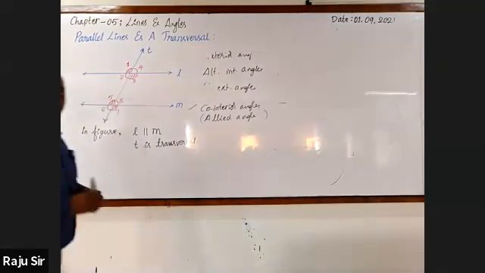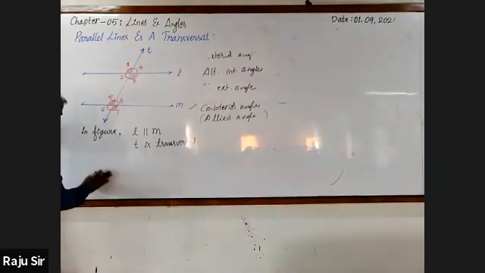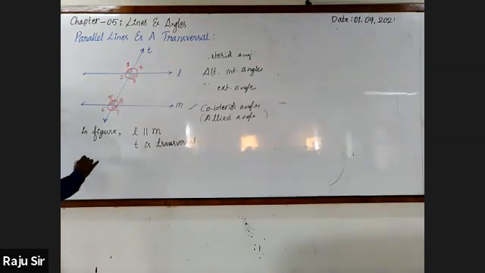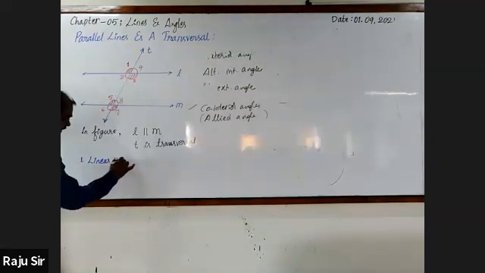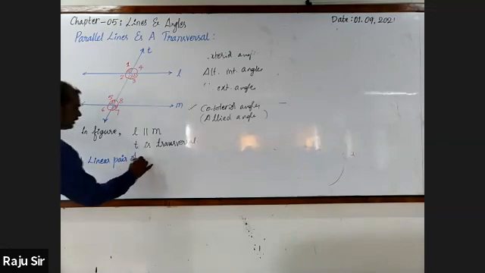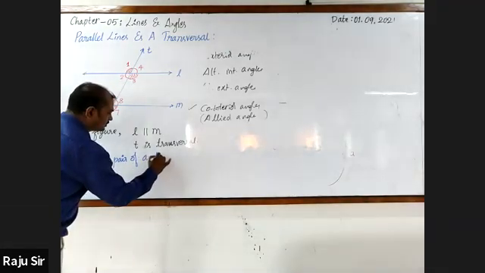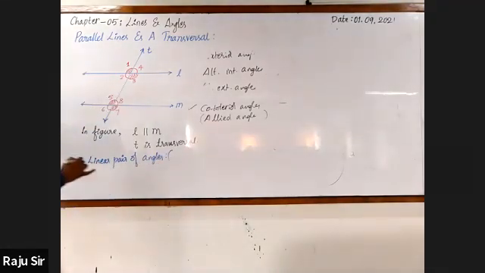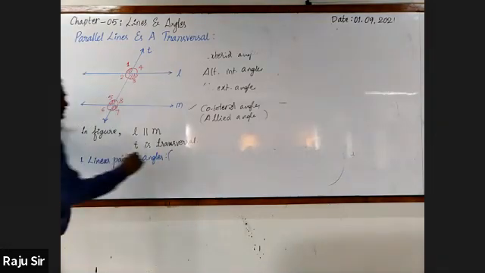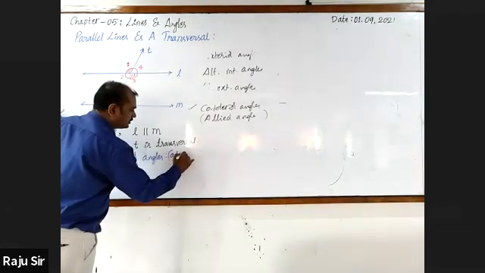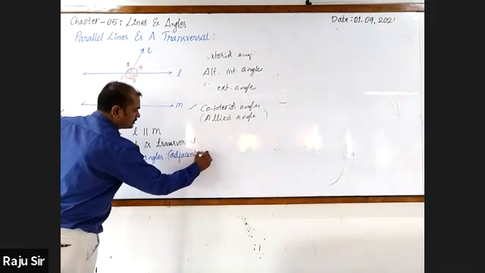Let me give you the information about angles one by one. First, here I write linear pair of angles. Are they adjacent angles? Yes, of course. So in bracket you write adjacent angles.